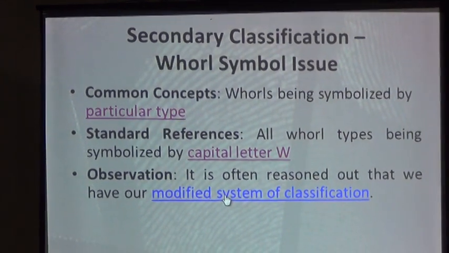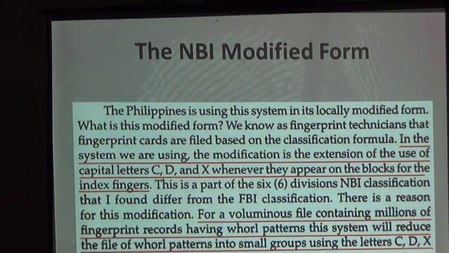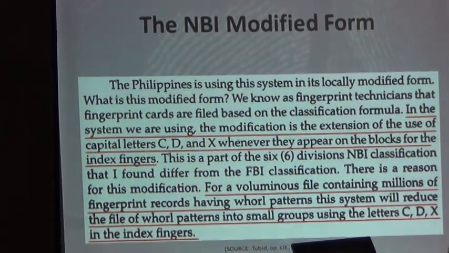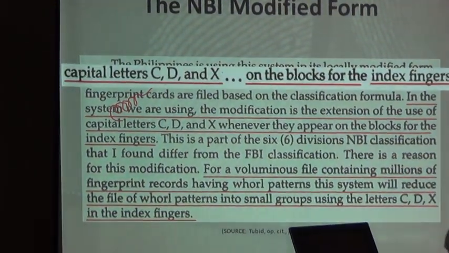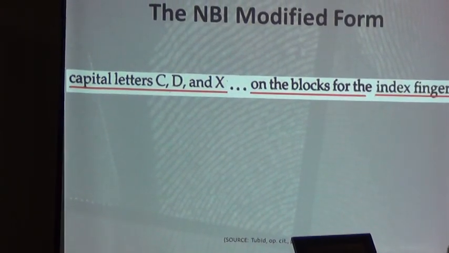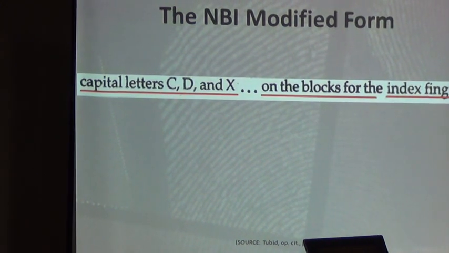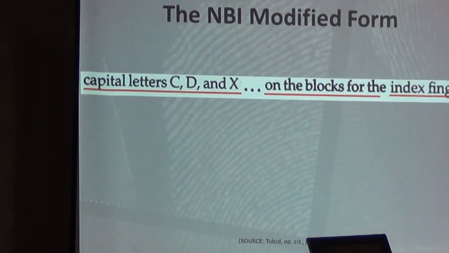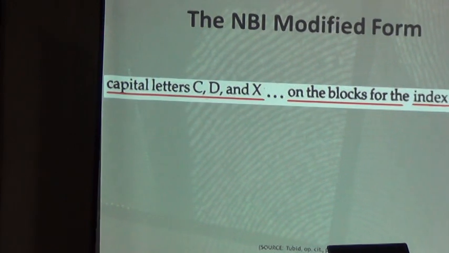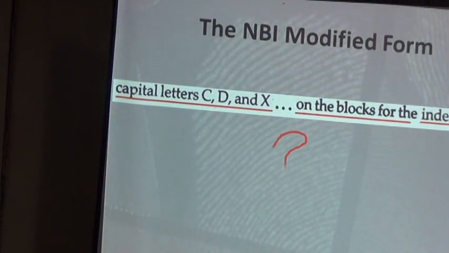You have seen this one, the book. Please click. Emphasize. Capital letters C, D, X out of the blocks for the index figures. That is said to be the NBI modified form. Is there such a published manual, just like the FBI? That is my question.